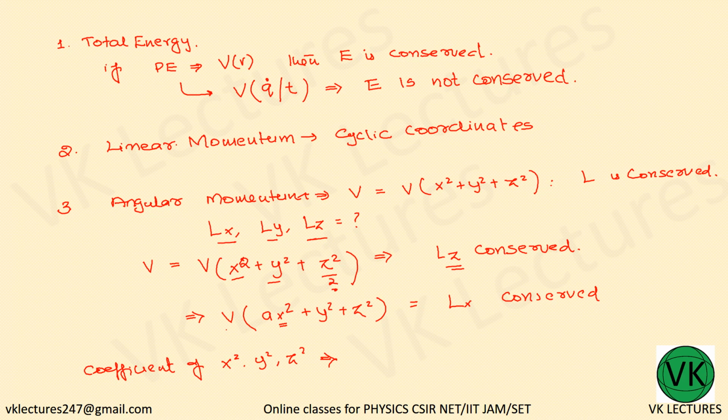Now suppose there is only V of x square plus z square, this means the coefficient of y square equals 0. So this has got a different coefficient, so Ly is conserved.